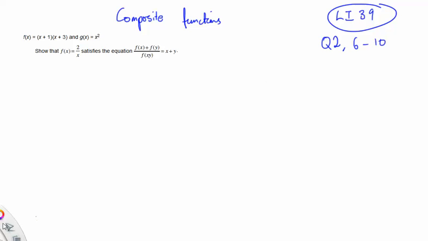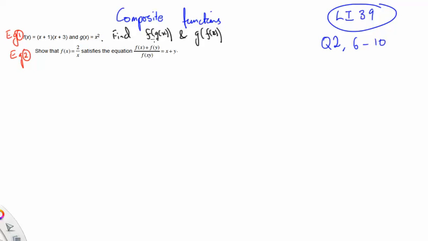But I've got 2 examples here, and I've just taken these directly from the book. Example 1, example 2. So we'll remind ourselves what composite functions are all about. We've been given an f of x and a g of x, and this question wants us to find f of g of x and g of f of x.